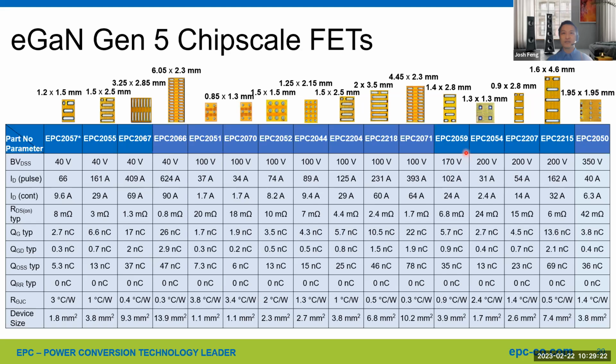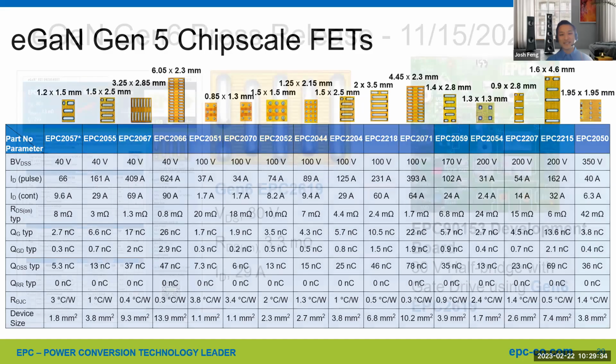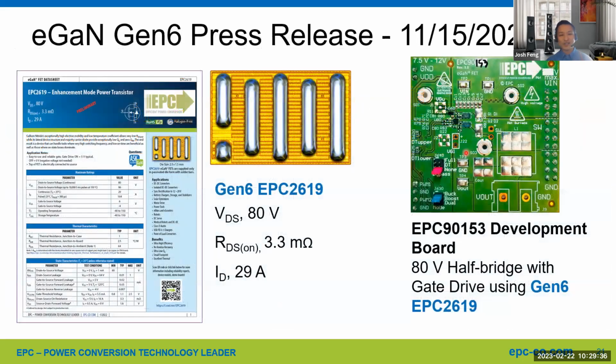And if there's any audience out here that might ask, what about your Gen 6? I think Gen 6 is quite important, which we mentioned earlier for one of the solutions. I think it's important to dedicate one slide to briefly highlight our Generation 6, where the product is called 26819. We did an early engineering press release back in November 15.